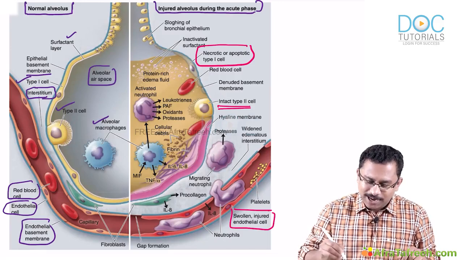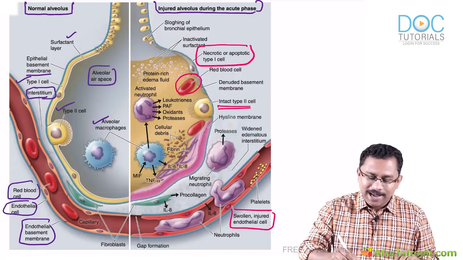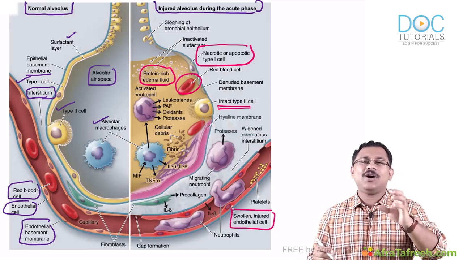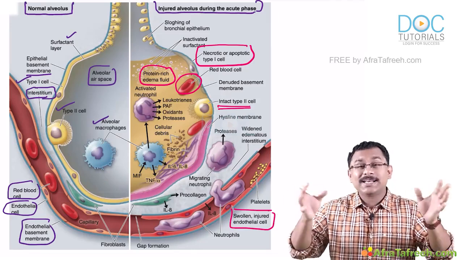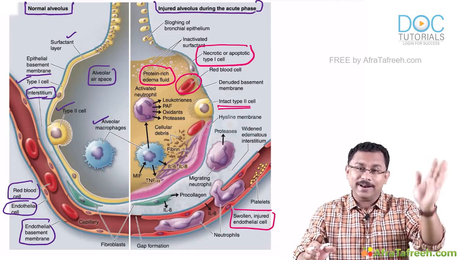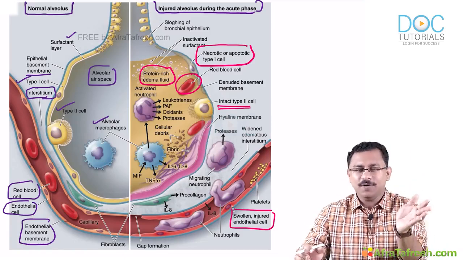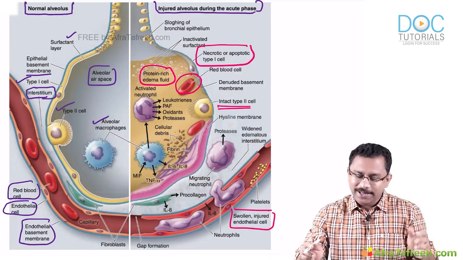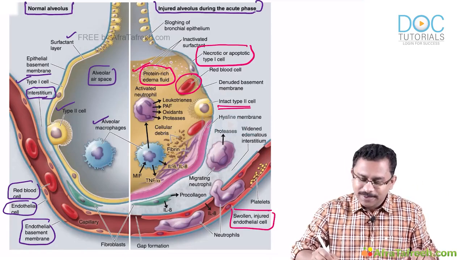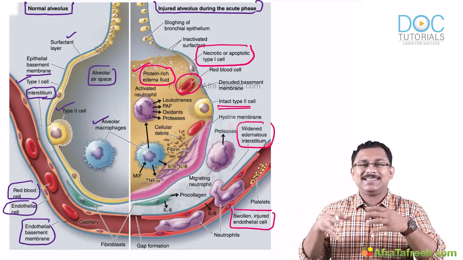You will have RBCs entering your alveoli. You will have fluid which contains protein reaching your alveoli as well as the interstitium. So you will have fluid in your alveoli and fluid in your interstitium. What sort of fluid? Fluid containing proteins. So you see there is a protein-rich edema fluid in your alveoli, and a widened and edematous interstitium.